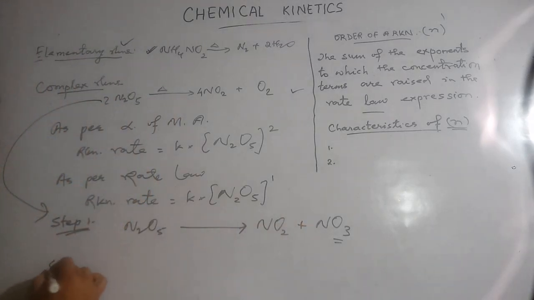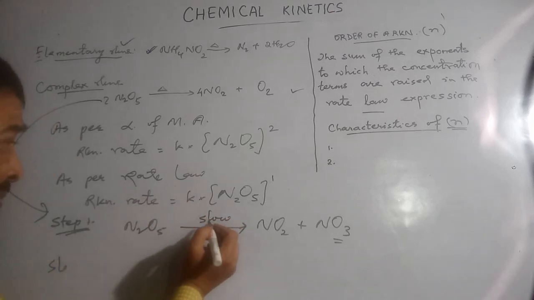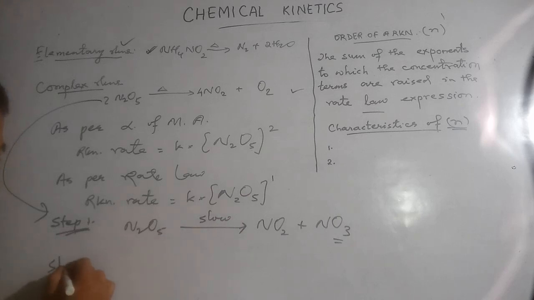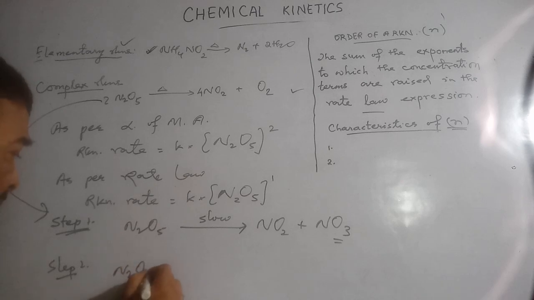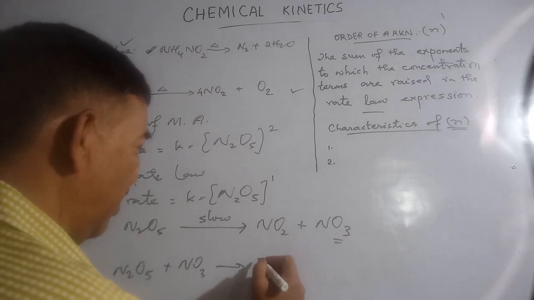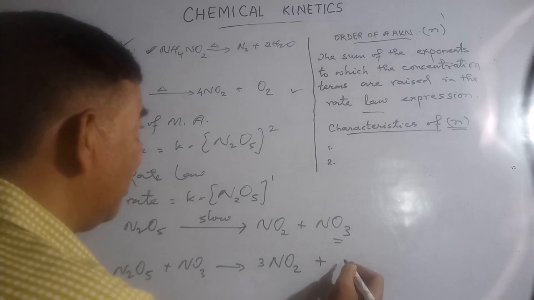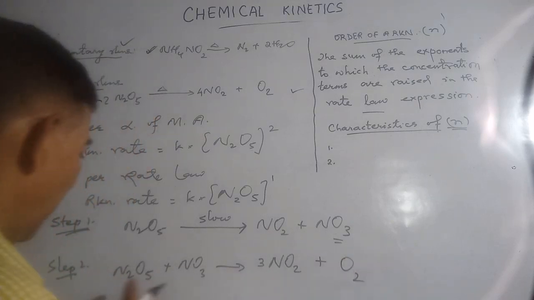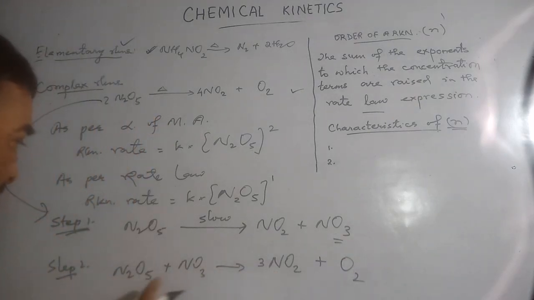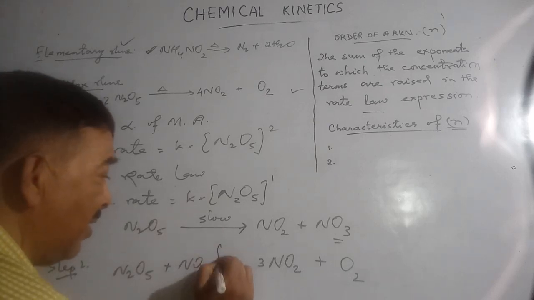Now in step 2, and this is the slow step, N2O5 plus NO3 gives 3 NO2 plus O2. See, 2 plus 1, 3, and oxygen is 5 plus 3, 8, 6 plus 2, 8. This reaction is fast.